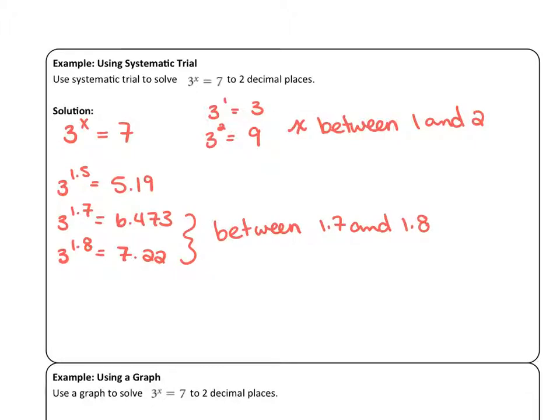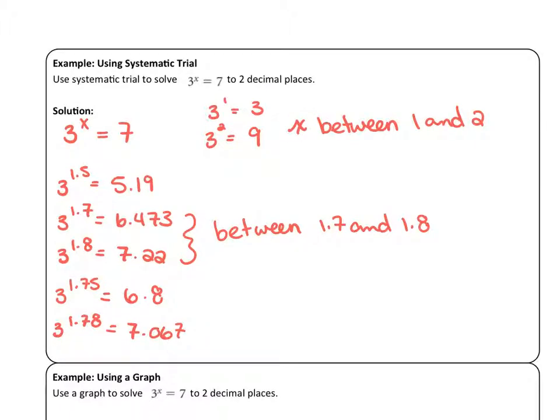So I'm going to try 1.75, which is 6.8. Still not close enough. So I'm going to go a little bit higher, 1.78, and it's 7.067.